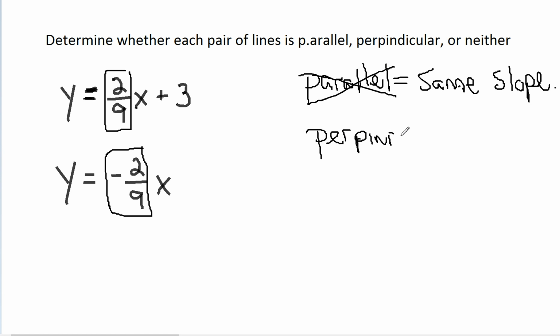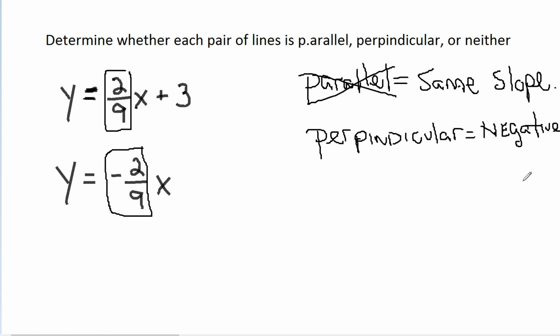Perpendicular. Are they perpendicular? If they're perpendicular, they have to be negative reciprocals. Reciprocal, I think.